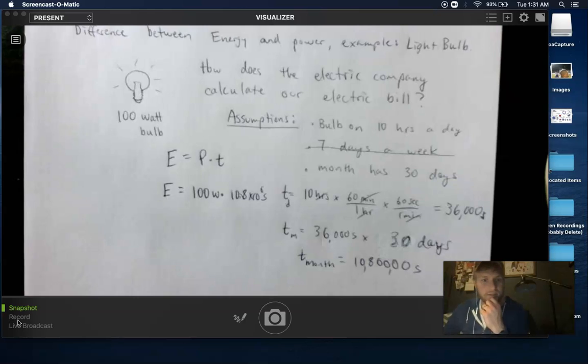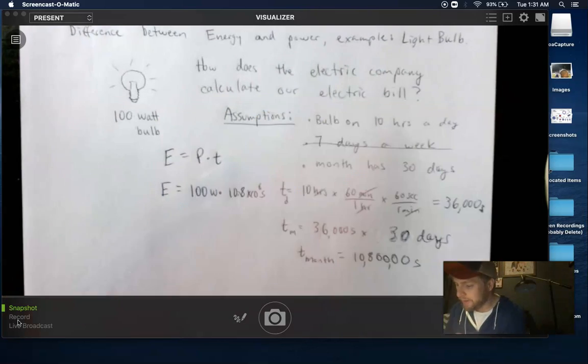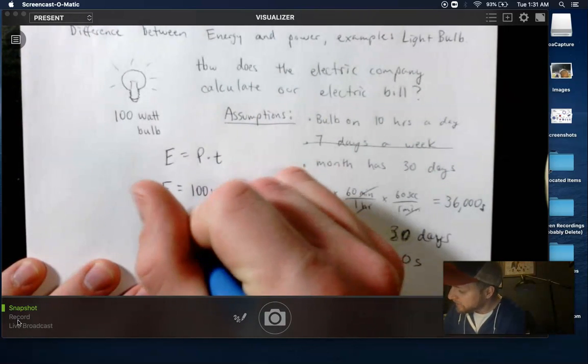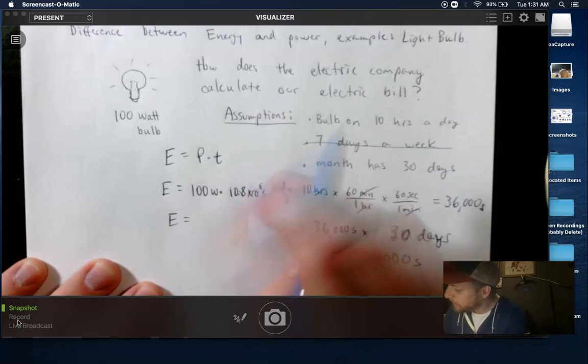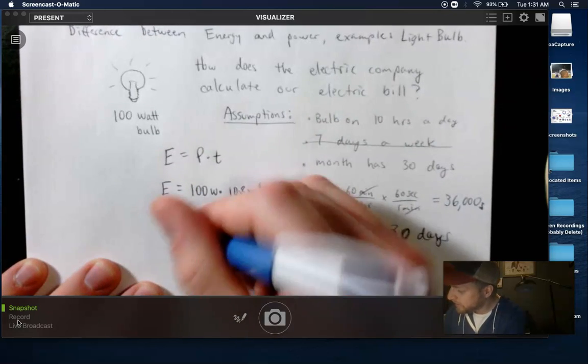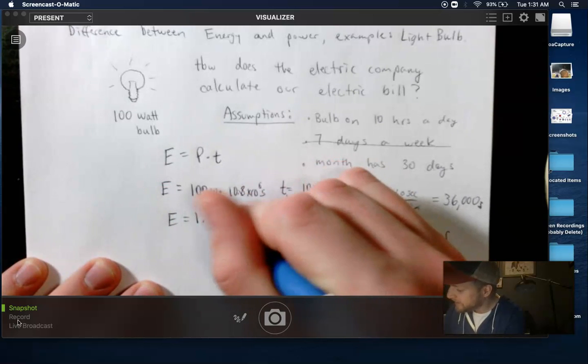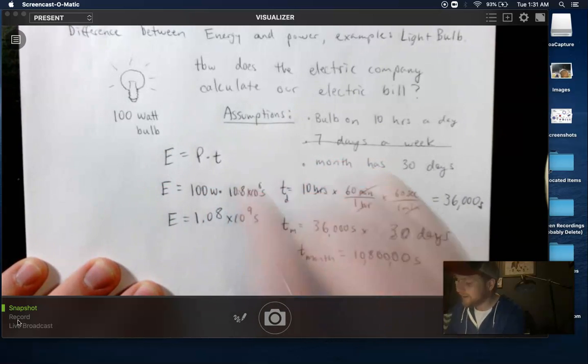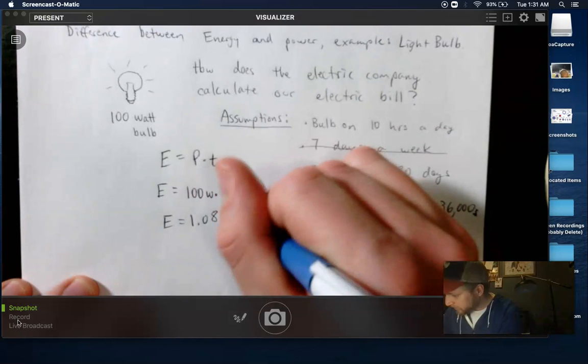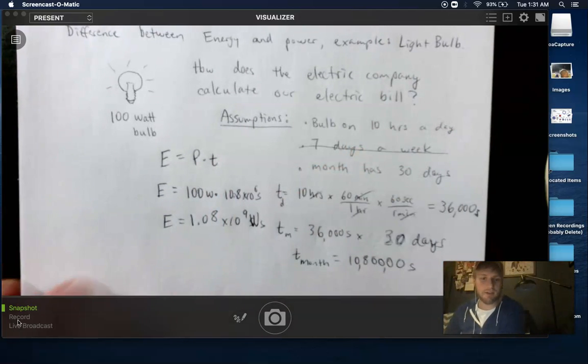I'm being lazy here. So we end up with 1.08 times 10 to the 9 watt seconds. So 1 billion watt seconds is the answer.